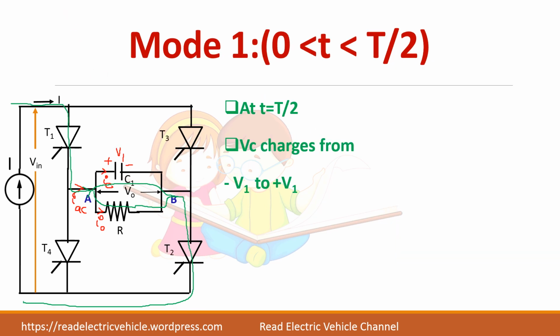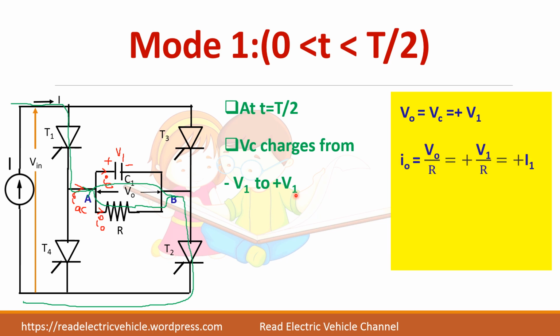In mode 1, we can see that T1 and T2 are in conduction and the current flows from A to B, and the capacitor polarity changes from minus V1 to plus V1. So V0 will become plus V1, which you will get around T by 2 time period. When t is equal to T by 2, this is the state.